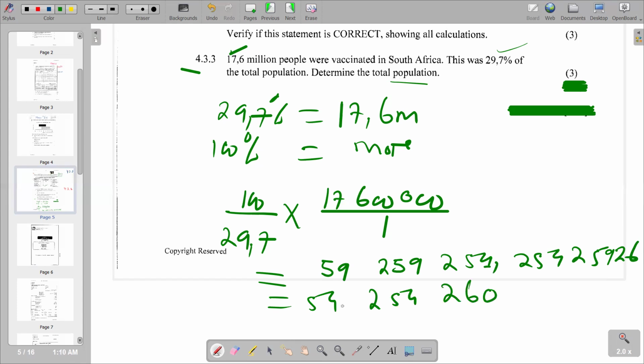So basically this becomes the final answer. As we are calculating for population, it means our final answer is going to be presented in form of people.